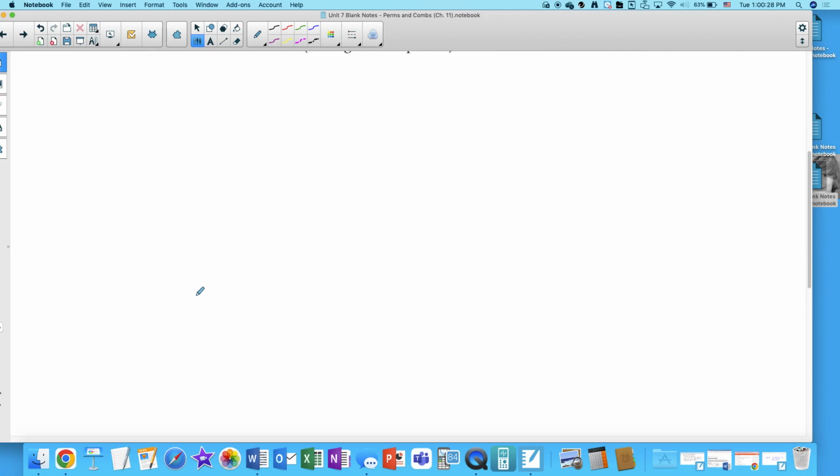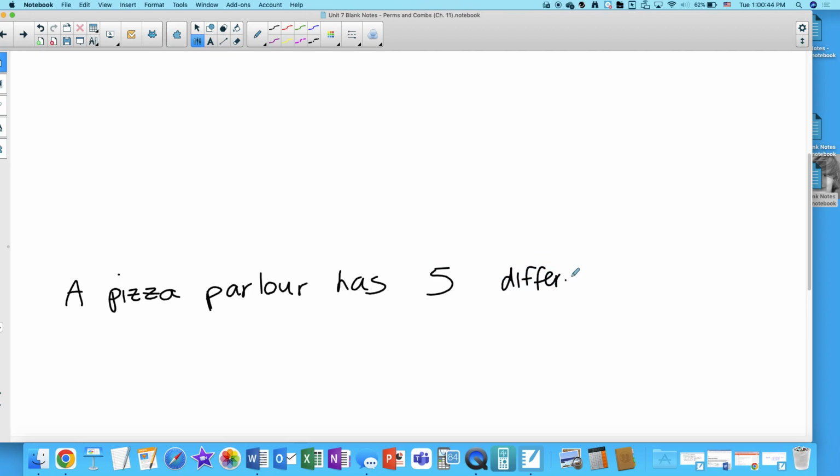So let's say a pizza parlor has 5 different toppings. And we'll just assume that this is excluding cheese. Like you get sauce and cheese. That's it. Okay?